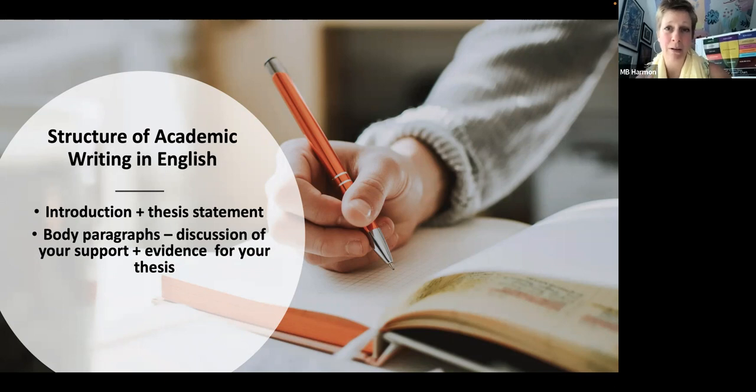Then we move on to the body and the discussion of whatever your topic is, whatever examples you have. And then we also have a conclusion. This is kind of the standard style for both. So the research paper is a little more formal, and this common academic writing style is a little less formal, but it has all of these pieces.